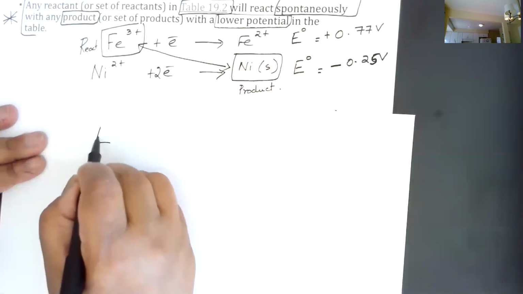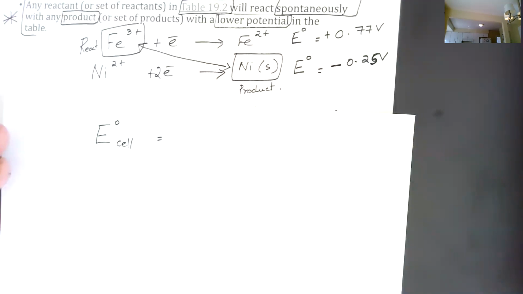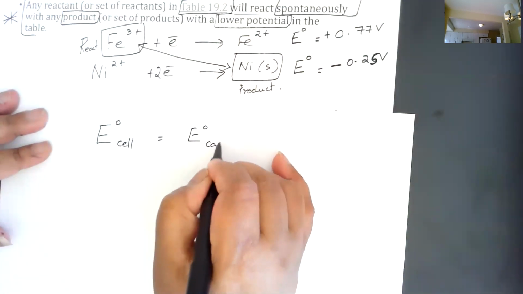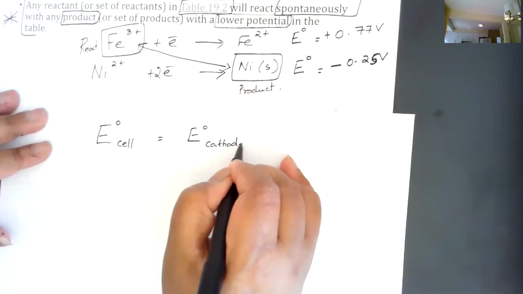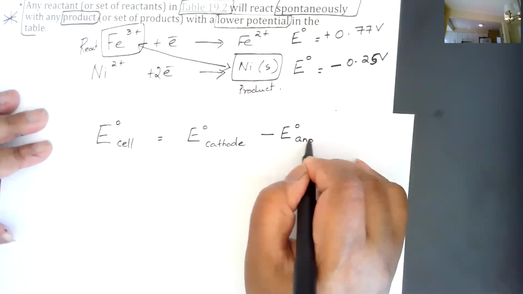Now, let's calculate E0 cell. Is E0 cathode minus E0 anode.